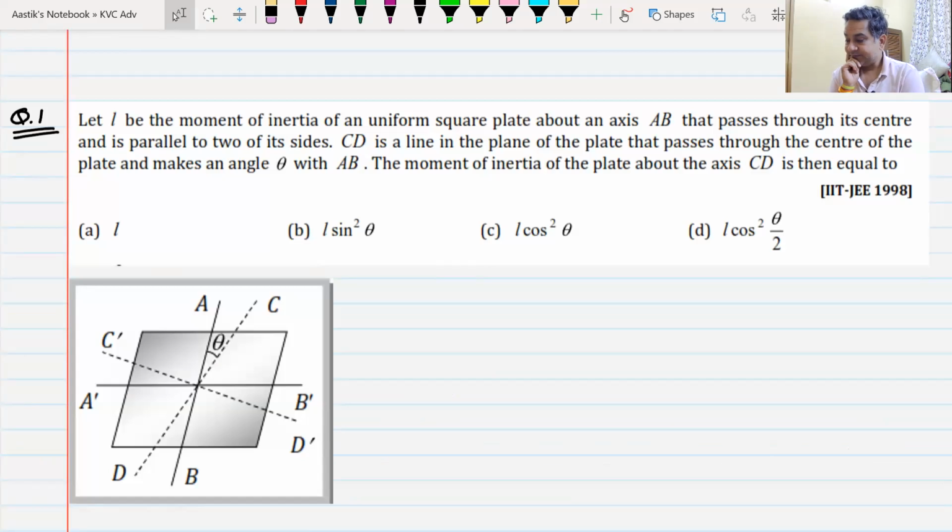What is the answer in this case? And the answer is? A.